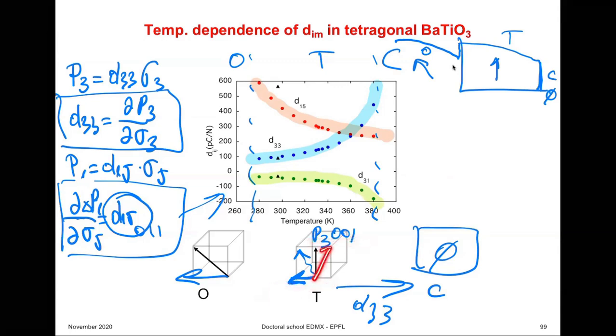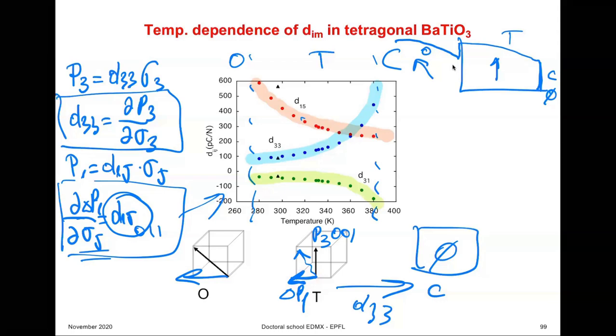Then remember the definition of the shear coefficient, it will rotate polarization, and that will develop this component delta P1. And we are looking at how that delta P1 is changing as we are changing the temperature and applying pressure sigma 5, which we have to apply in order to measure D15.